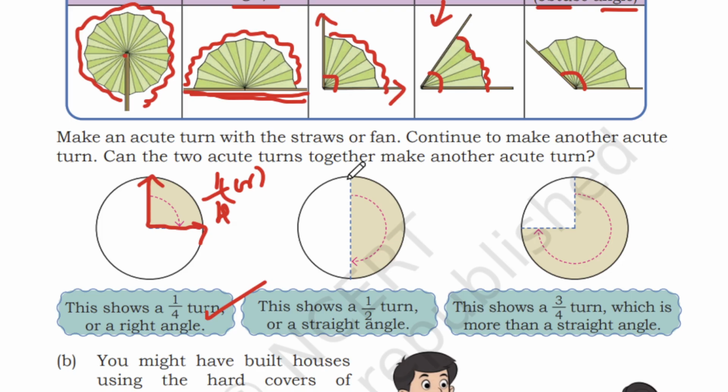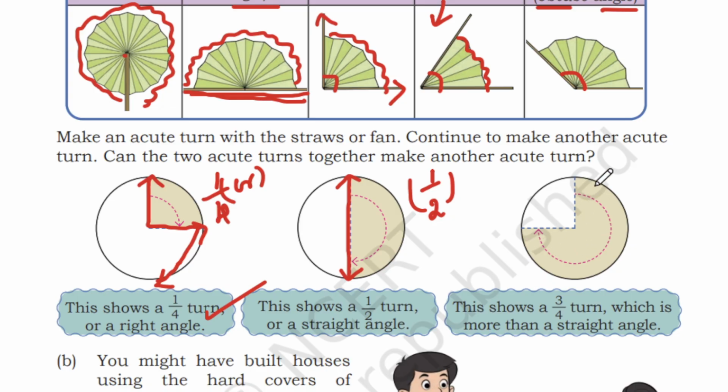And this is shown as another turn. So they have taken another turn here. When they take another turn, what will it become? This is shown as a half, also a straight angle. And here they are taking another turn.